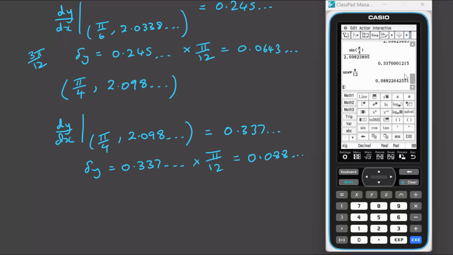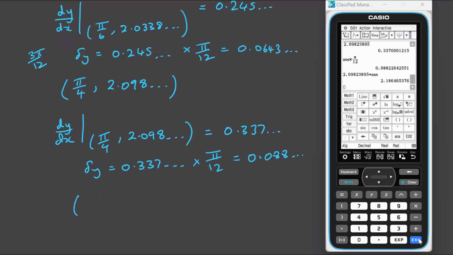So we want the 2.098, which was our last y. Let's just copy that and bring it down here. Let's just paste it in there, and we'll add our last answer to that, and we get 2.186.